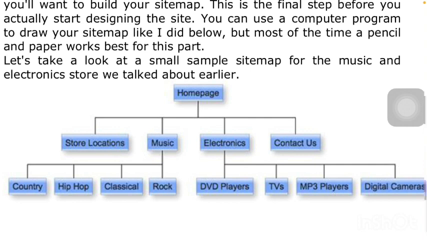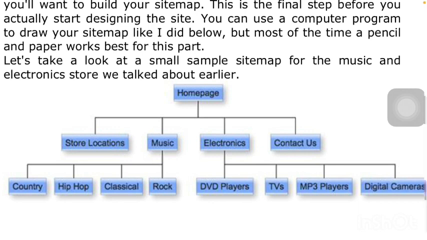Or maybe he wants the music. Just click the music, and that will take him to the types of music: country music, hip hop, classical, rock. Okay, I need to see country music. You click country music, then you see a list of songs that he wants to listen to.